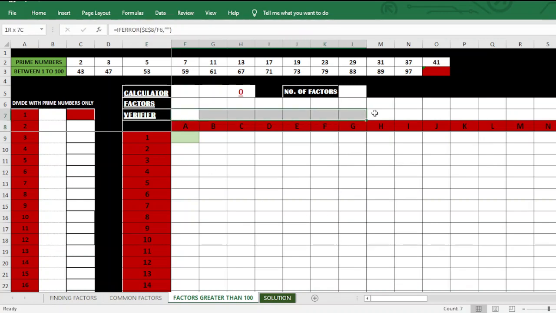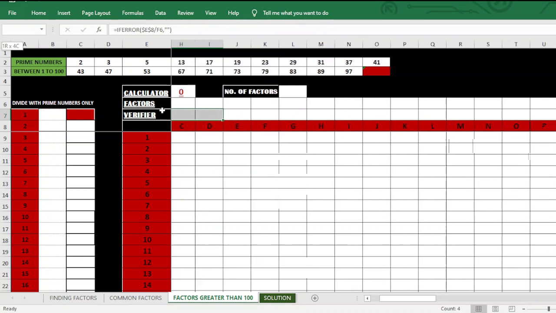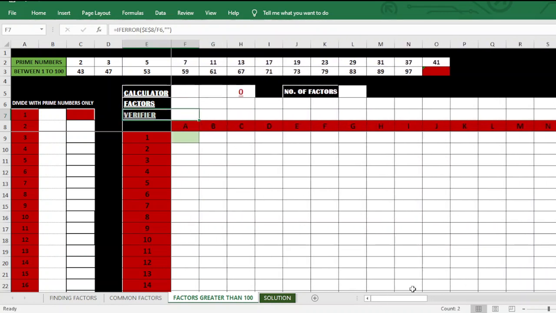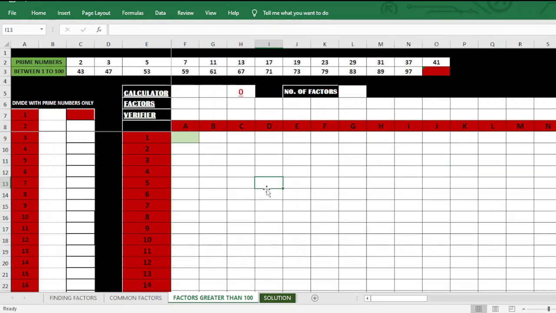And mind you, we don't want to have any decimals in the value. Once you have any decimal, that should tell you your factor is wrong. And this is our dashboard where we are going to do most of our computation. So without wasting much time, let's quickly move on to our first example.